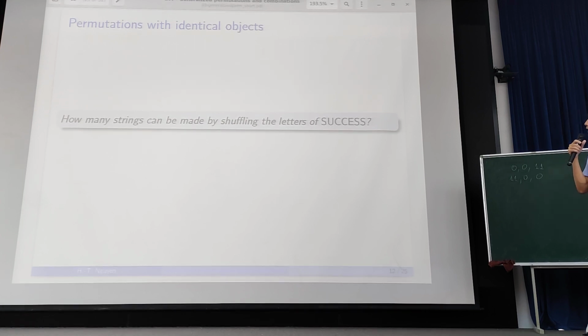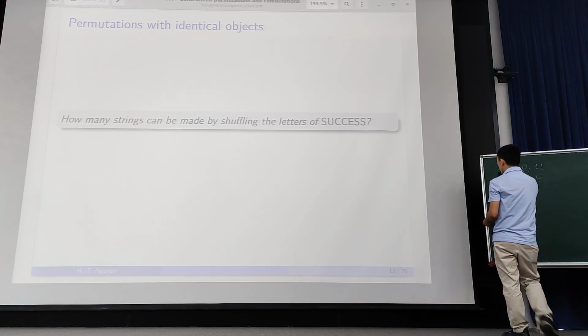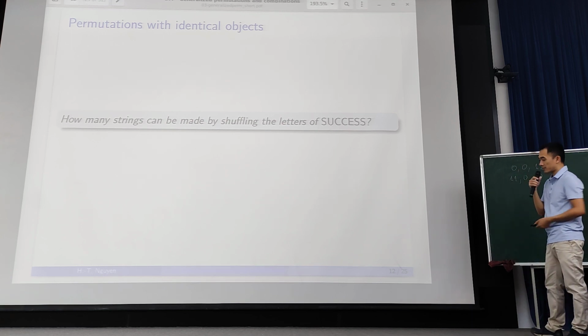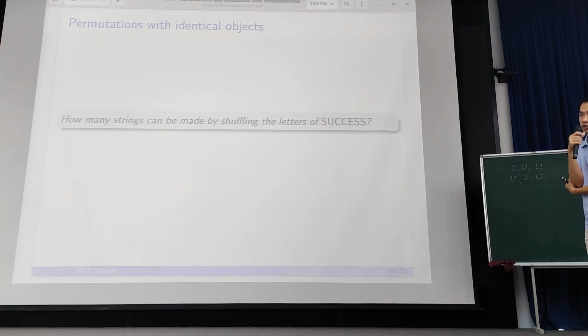But now we consider a different setting in which the numbers of repetitions are fixed. So for example, you have a word, or a string, SUCCESS, and you want to shuffle the letters of this word. Then how many different strings can you get?